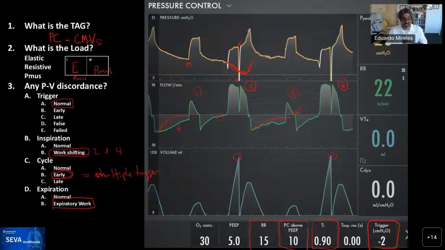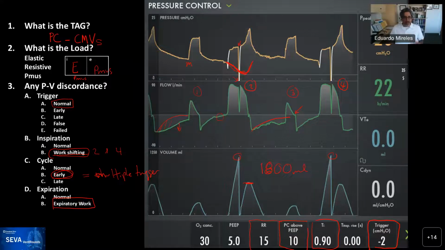Because it's breath stacking, on top of this breath that is close to 1200, there's another one. So if you add this one on top of that one, this patient is getting probably around 1800 mLs of tidal volume, and the machine is not alarming for that because it's double cycling.